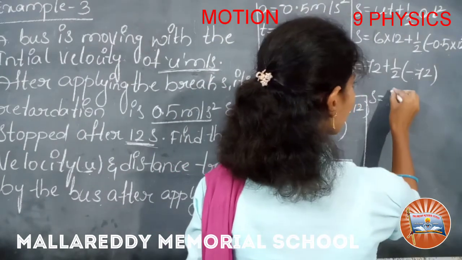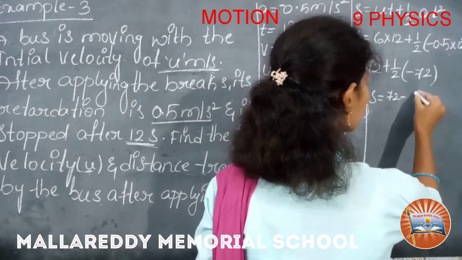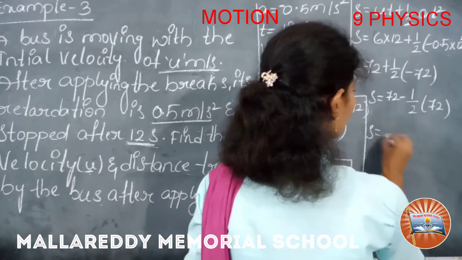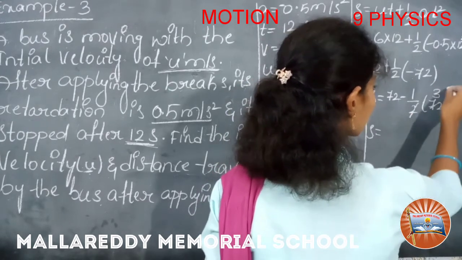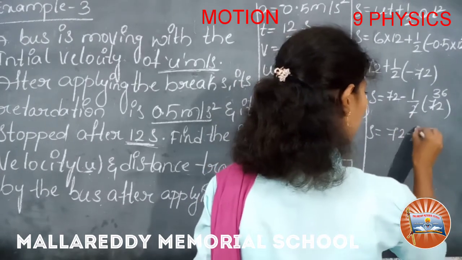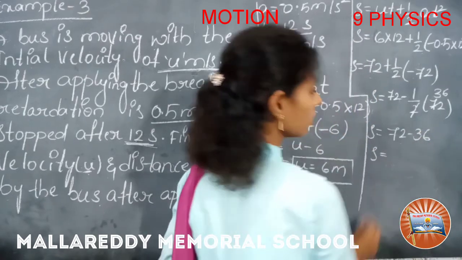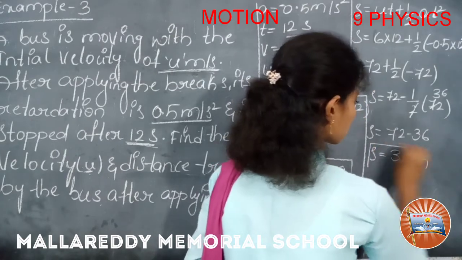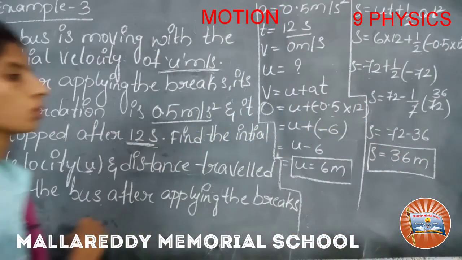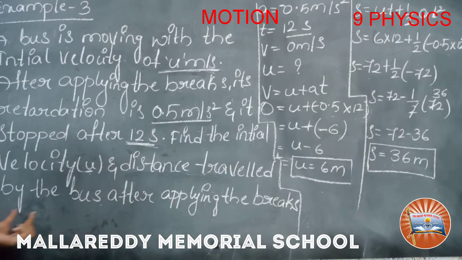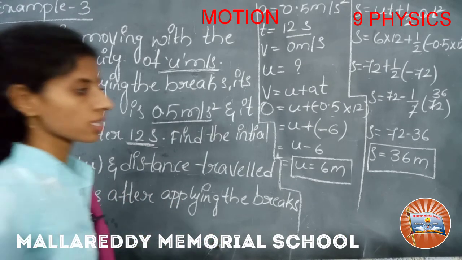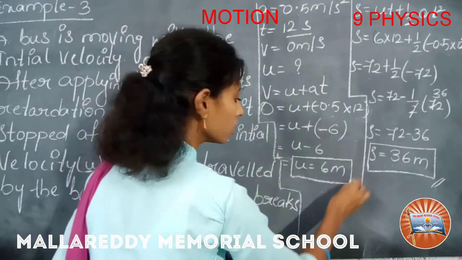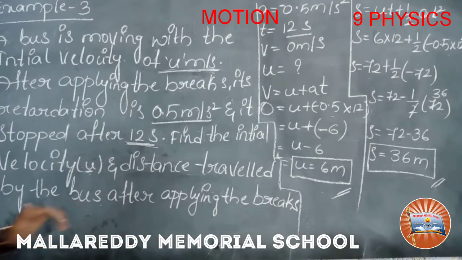Now s is equals to 72 minus half into 72. So here this is 36. So 72 minus 36, then again we get here 36 meters. So the distance travelled by the bus after applying the brakes is 36 meters. And we got the initial velocity here 6 meters per second. This is the problem.